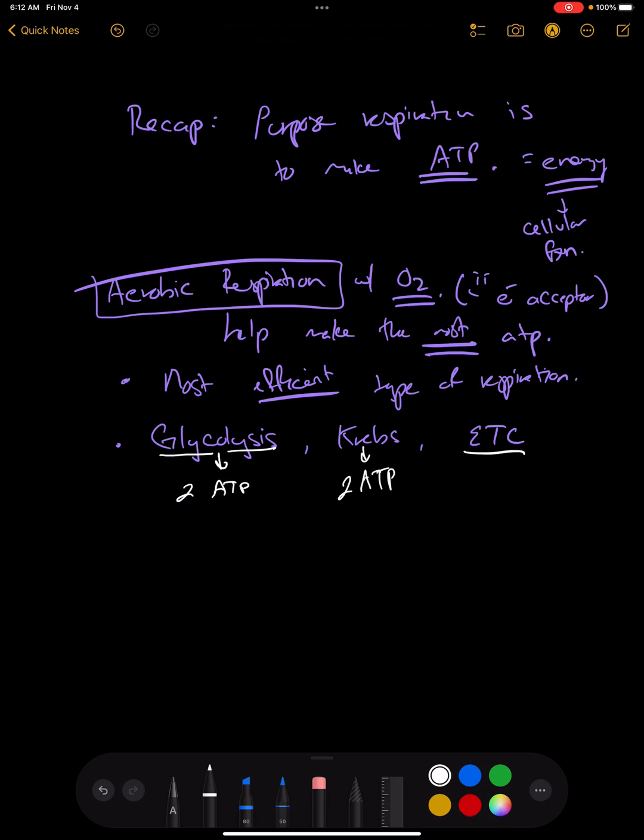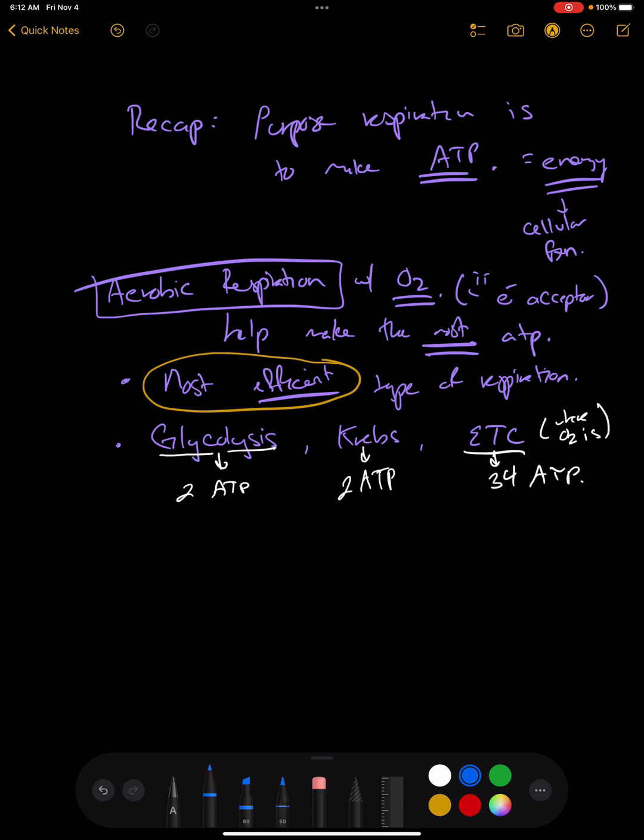But in the electron transport chain, this is where the O2 is. I got to make the most energy because that oxygen was there to take the electrons from the NADs and the FADs. It depends on how you want to count it, but let's say we got 34 ATPs. So again, that's why aerobic respiration is the most efficient process, because I got the most out of the sugar molecule.